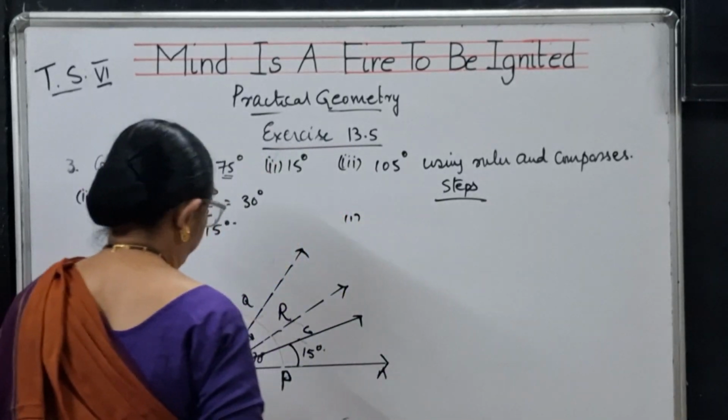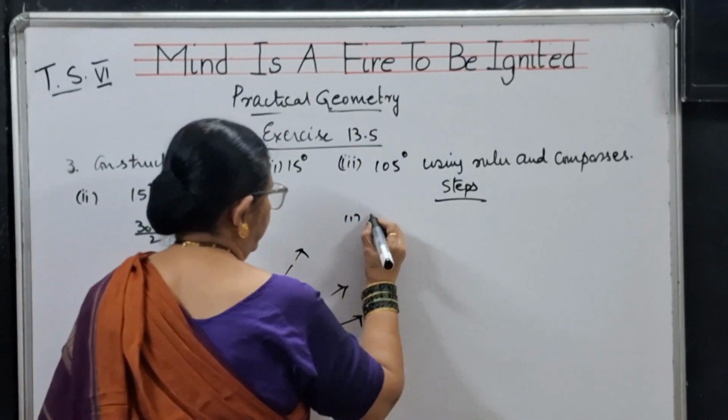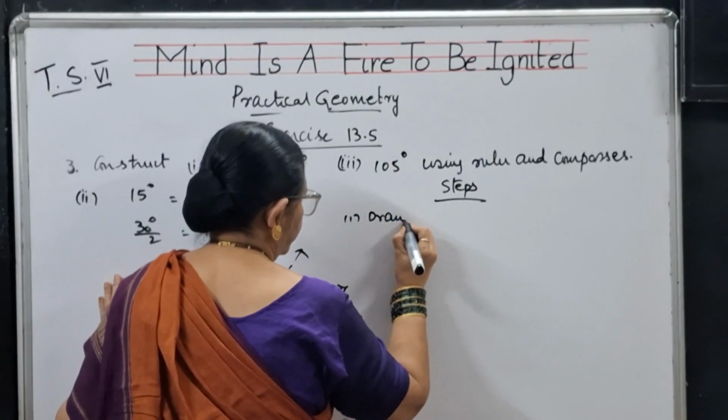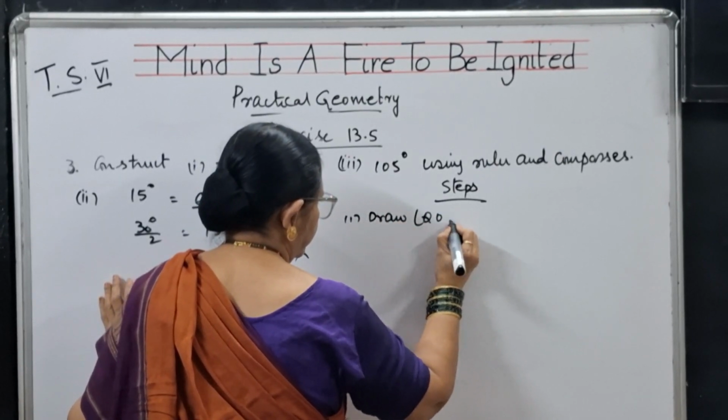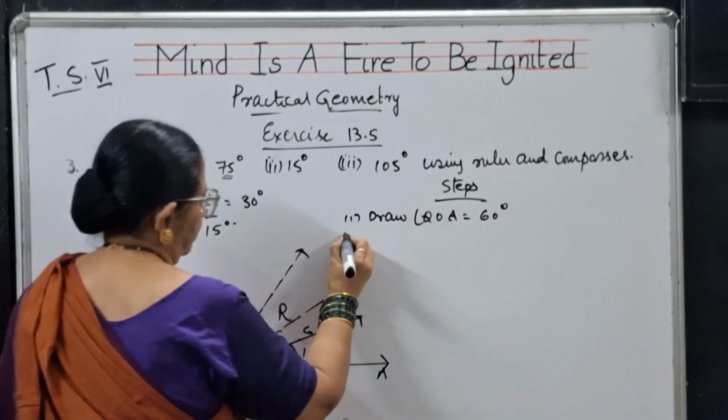First point, draw angle QOA equal to 60 degrees.